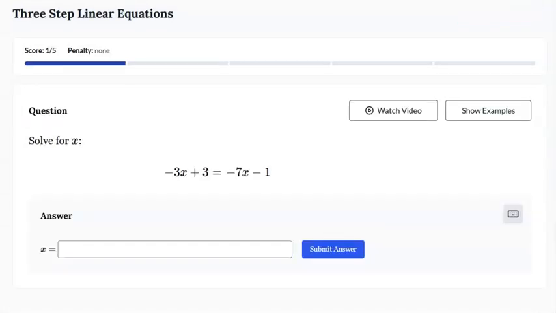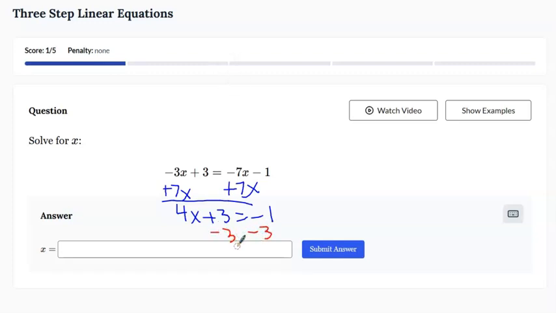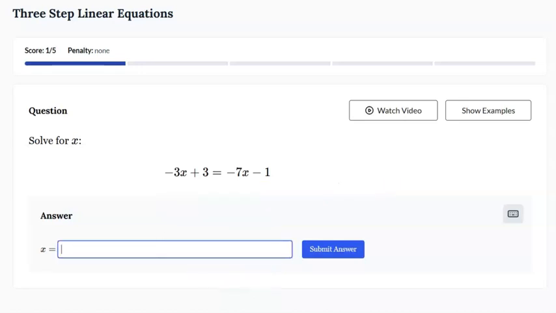One more time. Get your x's on the same side. Get your constants on the same side. Divide by the coefficient. Type your answer in the answer box.